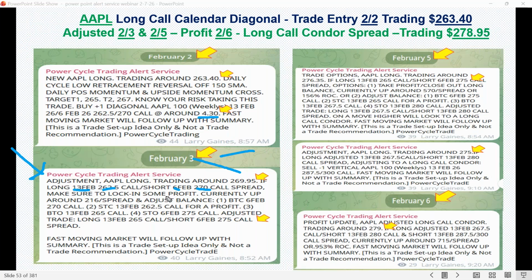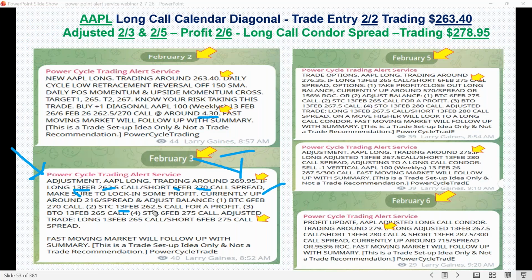First I said make sure you locked in some profit, and it was currently at that time up around $216 per spread, and then adjust the balance. So what we did was we bought to close the 6th Feb 270 call, took a small loss there, but we sold to close the 13th Feb 262.5 call and took a really big profit on that because the market was now trading up around 270.